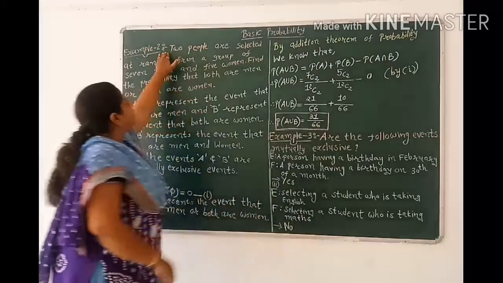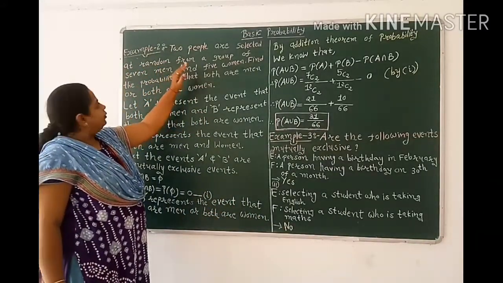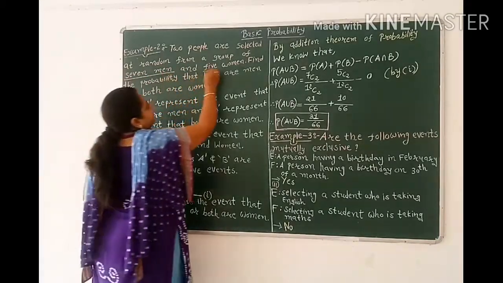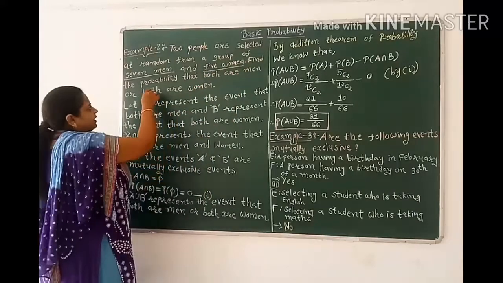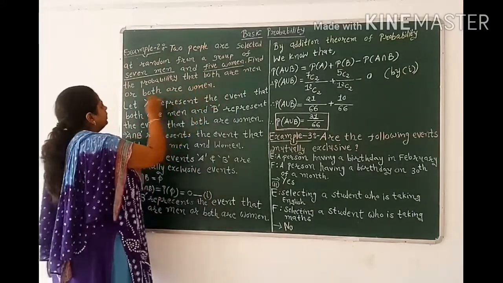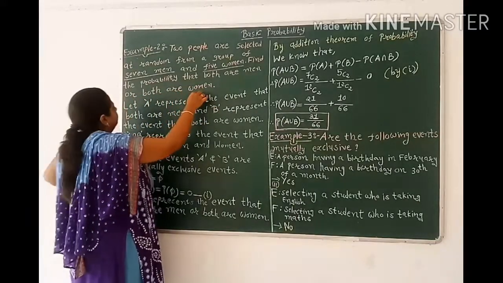Example 2. Two people are selected at random from a group of 7 men and 5 women. Find the probability that both are men or both are women.